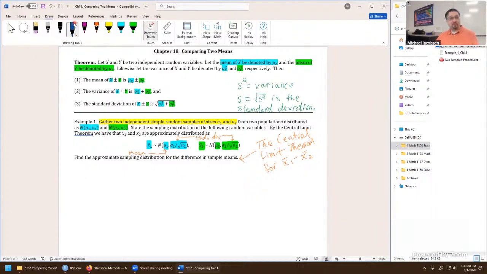So here's what we can do first. We want the mean, so we can say the mean of x bar 1 minus x bar 2 is, following the probability theorem, it just says we're using the minus.